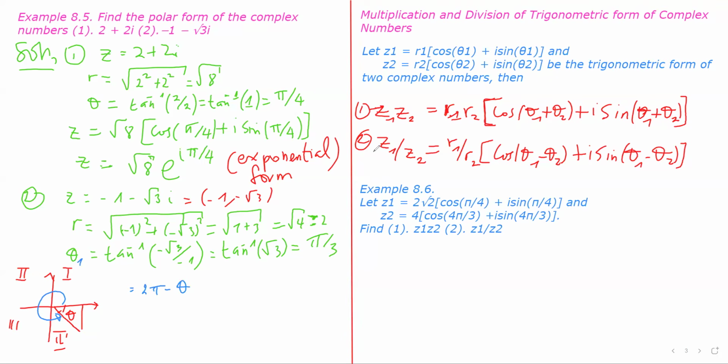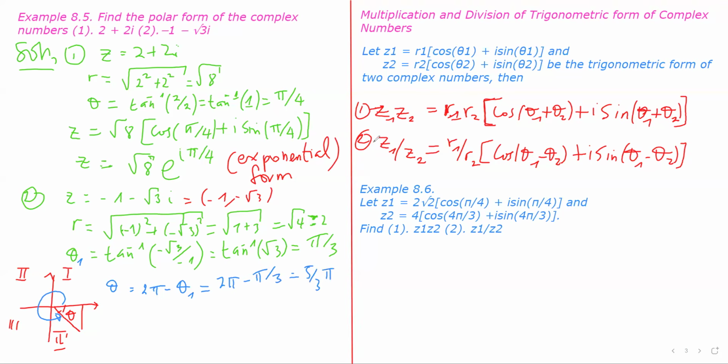Let's call this theta 1. So theta will now be 360 minus that part. And this will be 2 pi minus pi over 3, which will then become 5 over 3 pi.